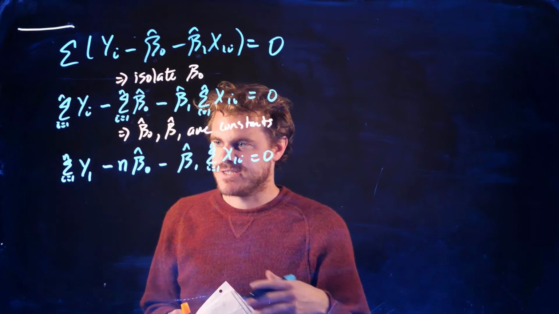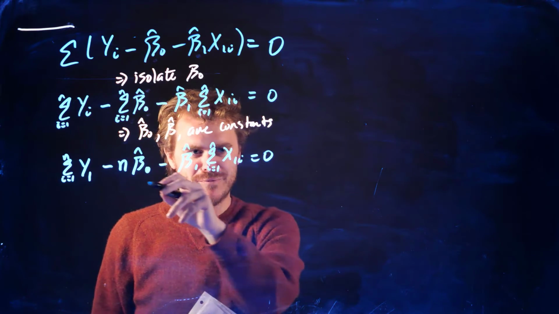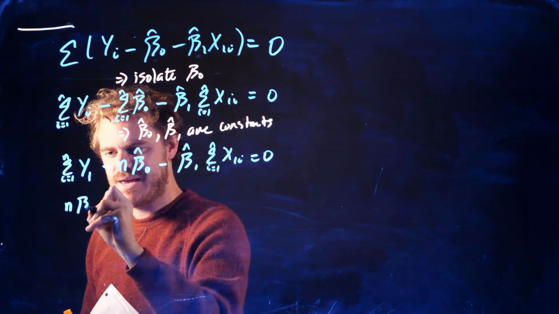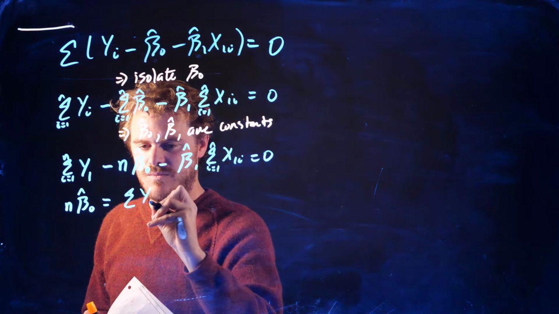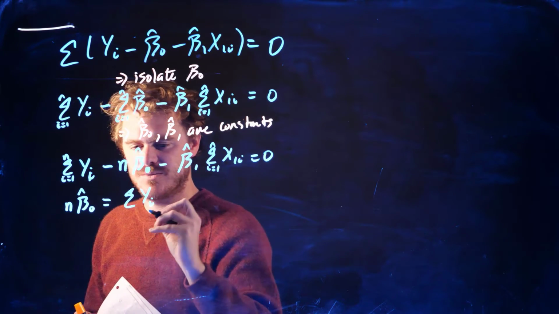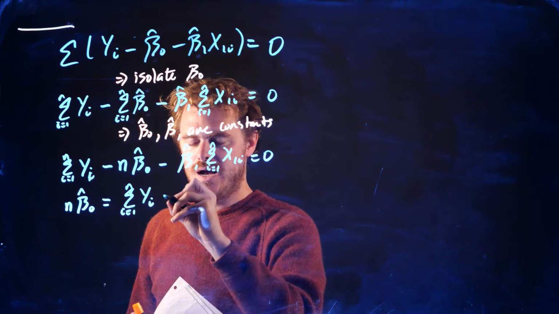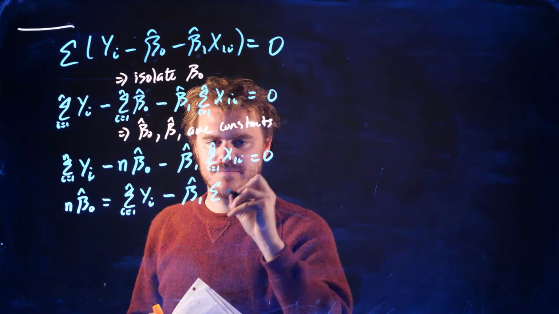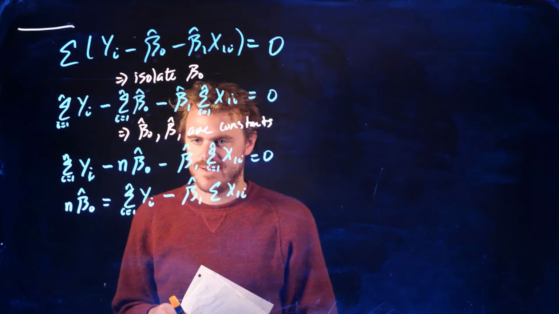All right, then we're going to start to isolate beta 0. We could think about moving this to the other side, but I'm going to leave it over here. So n times beta hat 0 equals the sum of y_i, i equals 1 to n, minus beta hat 1 times the sum from 1 to n of x_1i. We're just rearranging that.